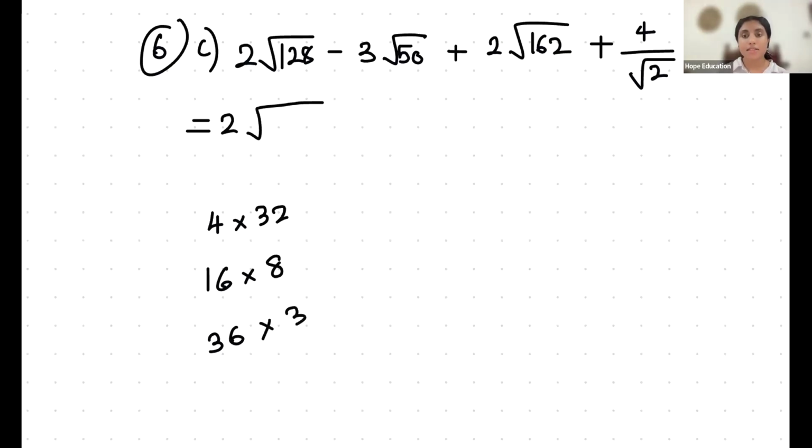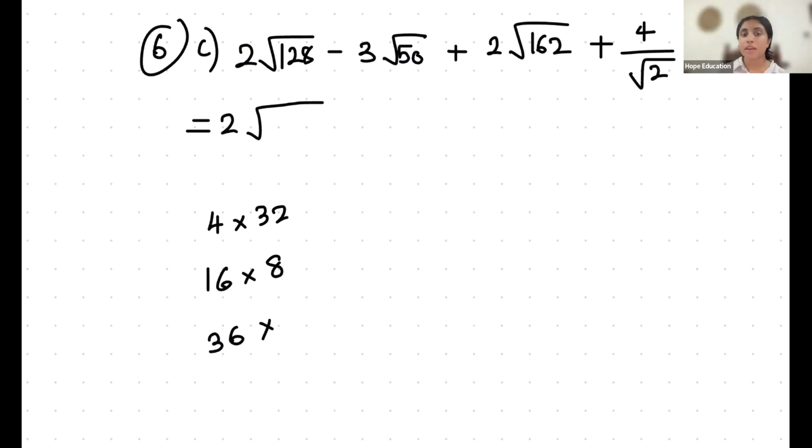Sorry, 3 times 6 is 18, 1 remaining. 3 times 3 is 9, 10. That doesn't come either, so that doesn't work. What else can we take? Shall we try? What is the next perfect square after 36?